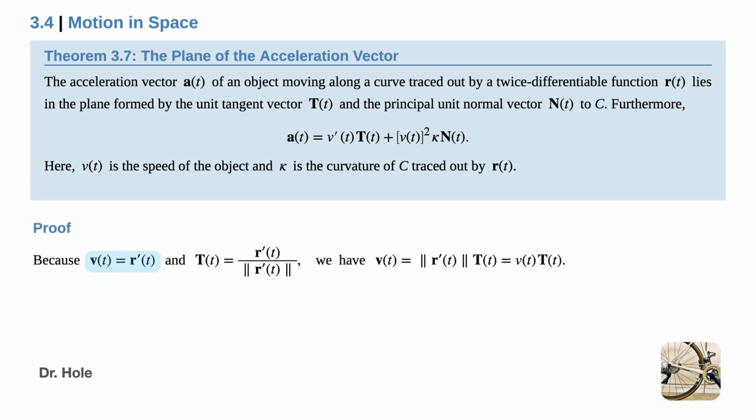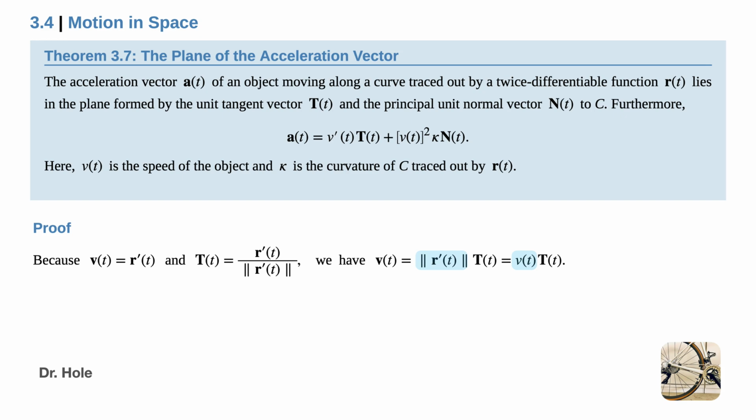Remember that we defined velocity as a derivative on position. Recall also that the unit tangent is a derivative on position, normalized. Since a derivative on position is velocity, we can solve for velocity in this equation of the unit tangent and come up with velocity expressed as speed scaling the unit tangent.